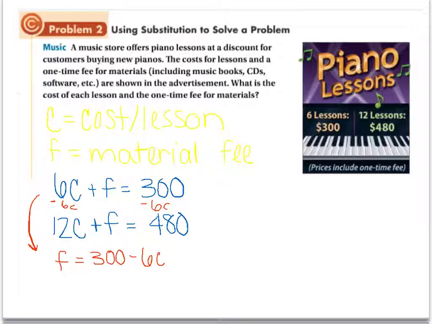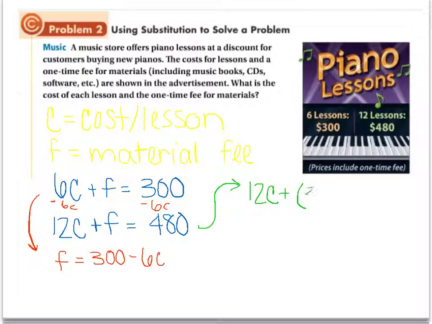Then once you solve for one variable, plug it back into the other equation. So now I'm taking my other equation that I have not used yet, and I have 12c plus f.